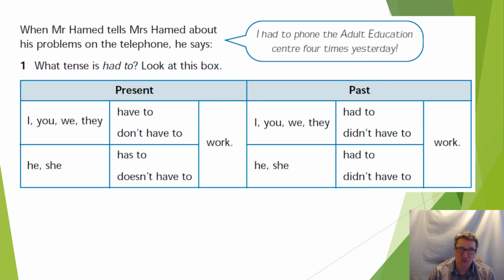He, she has to or doesn't have to work. In the past, are you, we, they had to or didn't have to? In fact, are you, he, she, we, they, all of them, had to or didn't have to work? So obviously, I hope it's obvious, "had to" is past tense.